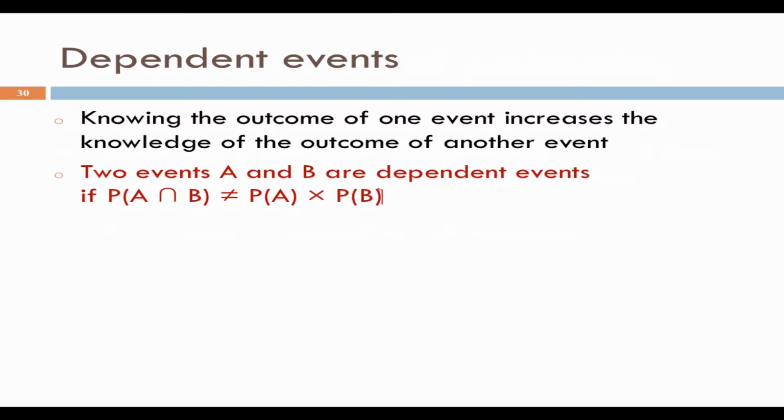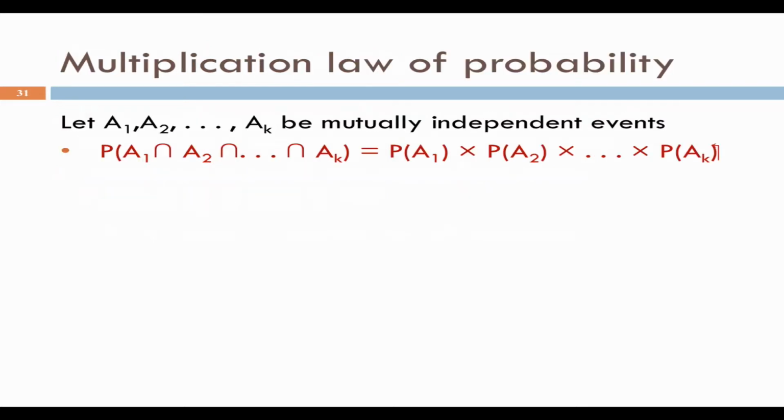Okay, so after we understand independent and dependent events, we come to another very important law of probability. This is important because it defines the whole fundamental concept of statistics.